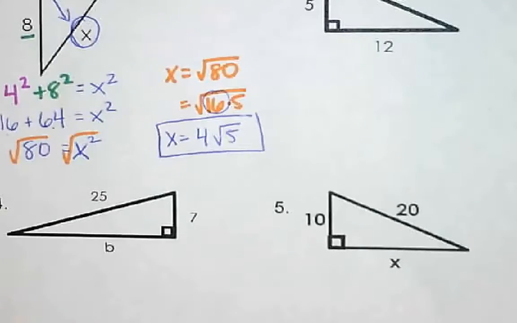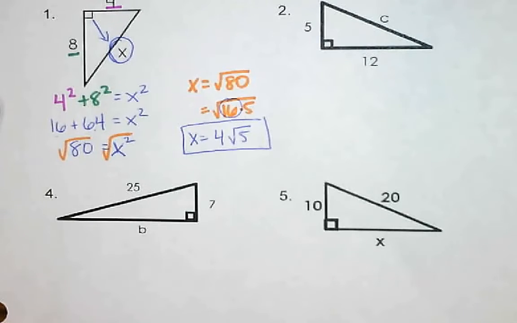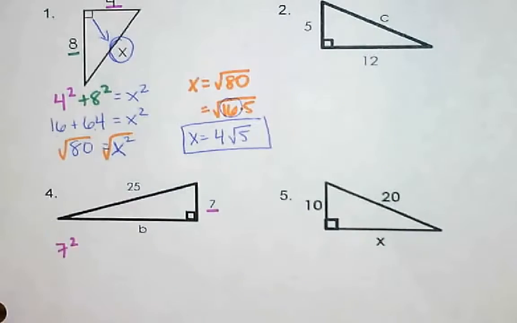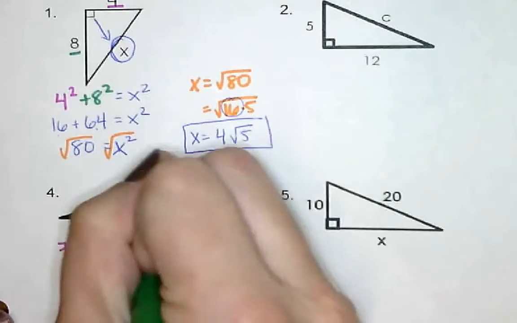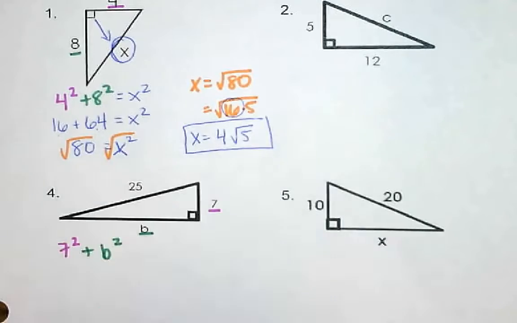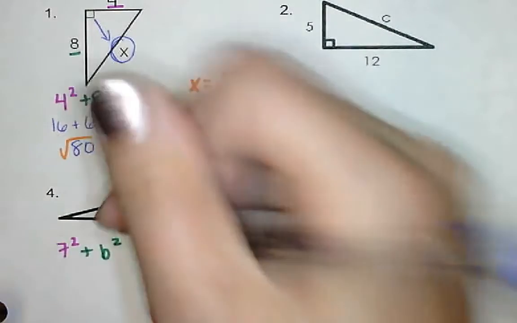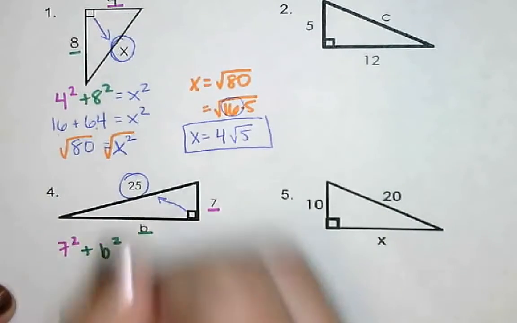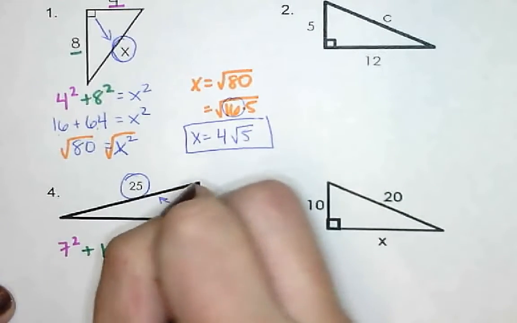On numbers 4, 5, and 6, the unknown is one of our legs. So in this case, we have 7 squared plus, it even tells you, b squared, and that is equal to, I like to draw my little arrow so I know that is my C, equal to 25 squared.